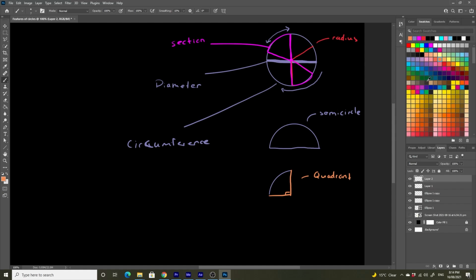So an important formula that we're going to look at for the remaining videos of this lesson is how to find the circumference, which again is also the perimeter of a circle.